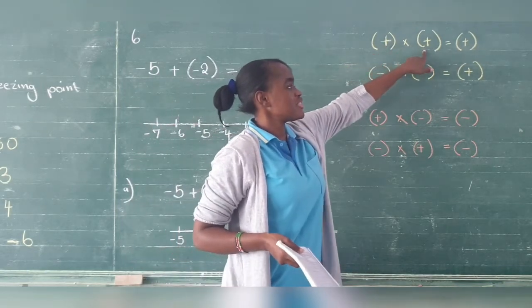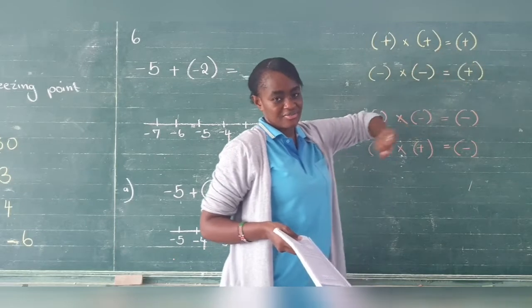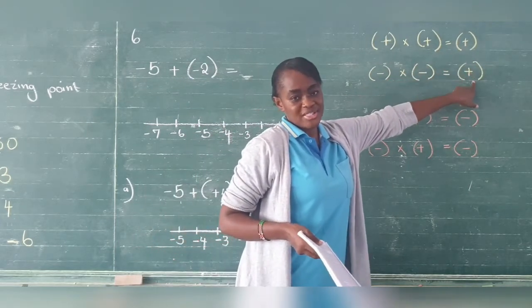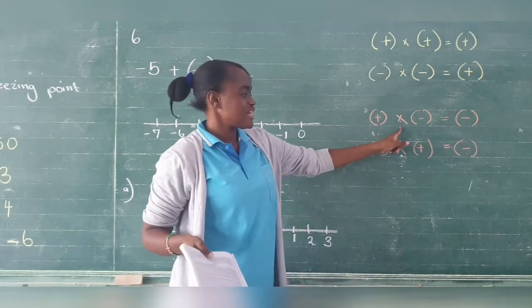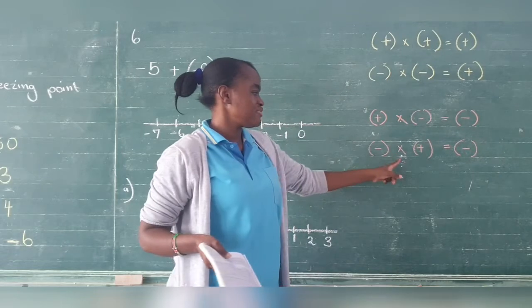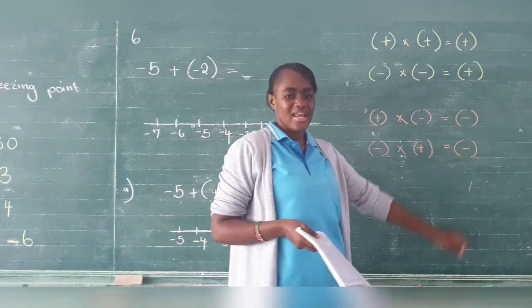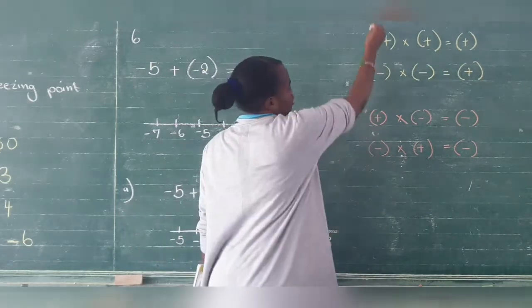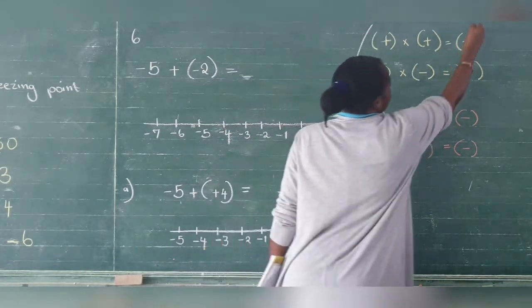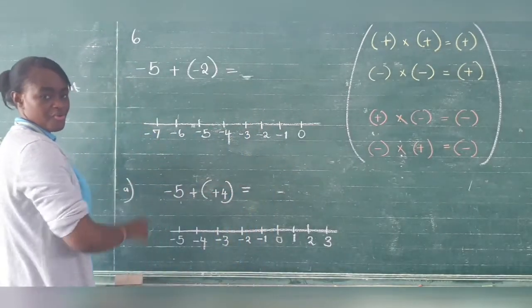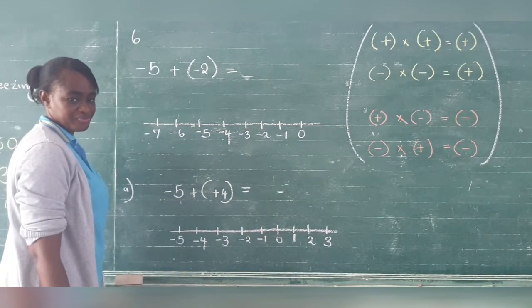Positive times positive equal positive. Negative times negative equal positive. Positive times negative equal negative. Negative times positive equal negative. Now I am going to show you how to use these signs when you're doing addition. Very good.